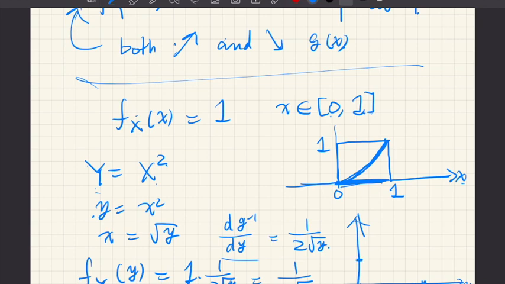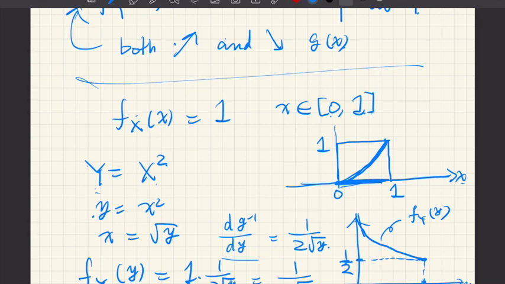Okay, so 1/2. So it should stay here. It should look something like this. So this should be the density of y. Okay. You know, although probability itself cannot be greater than 1, the value of a density function can be greater than 1.